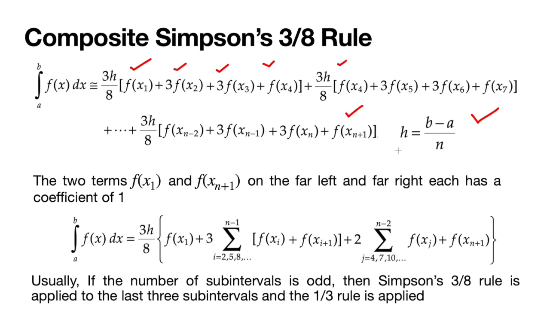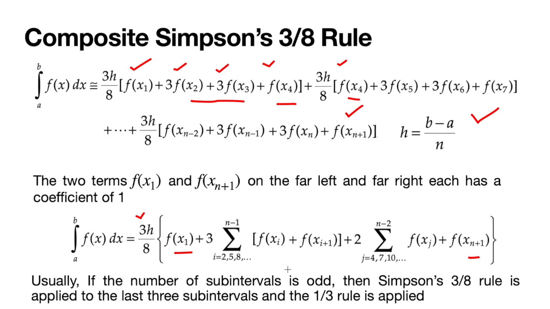To calculate the general term, we can simplify it using summations. So 3h by 8 is common, so it's outside, and f of x1 and f of xn plus 1 are repeating only once, so we just put them aside. Then you can see that these two are repeating with the multiples of 3, and similarly this is repeating with the multiples of 2.